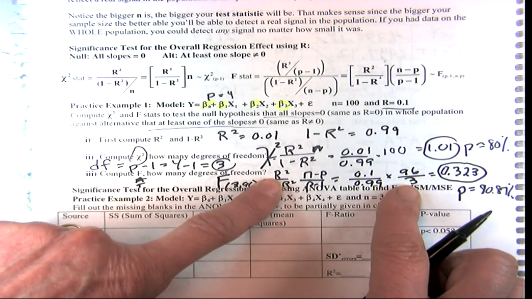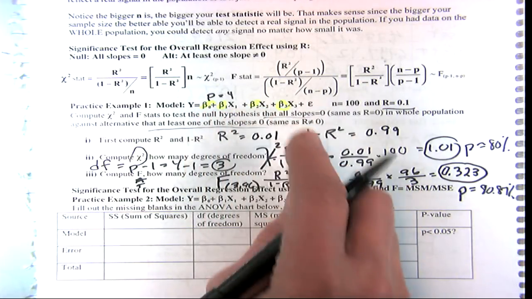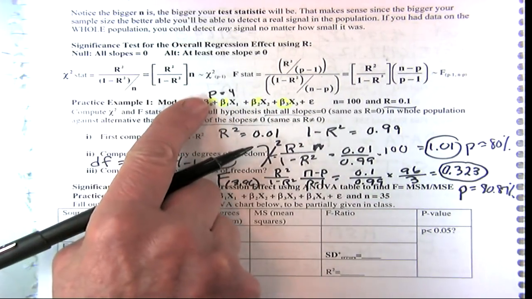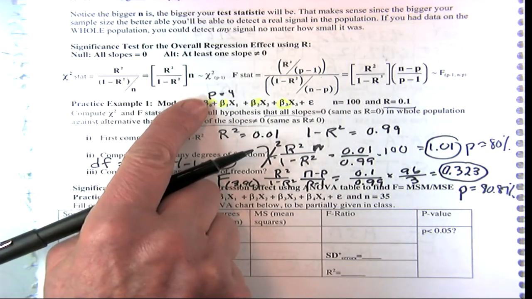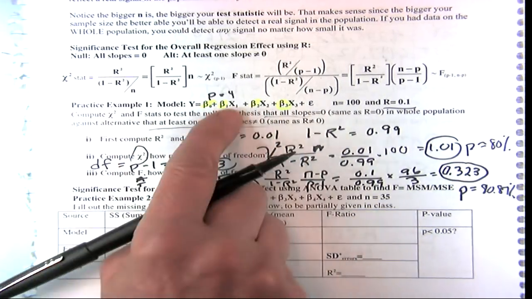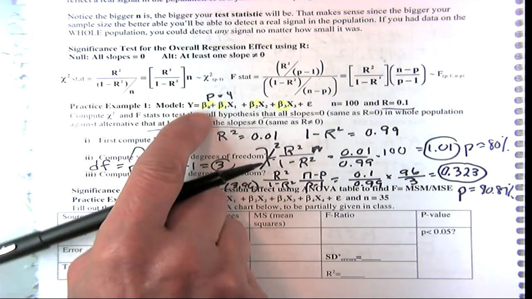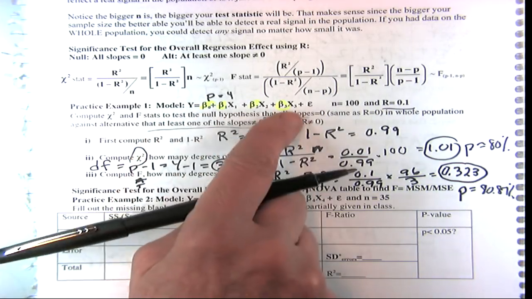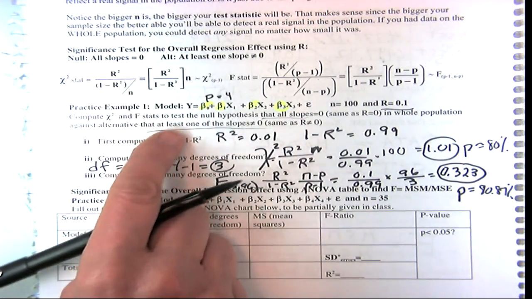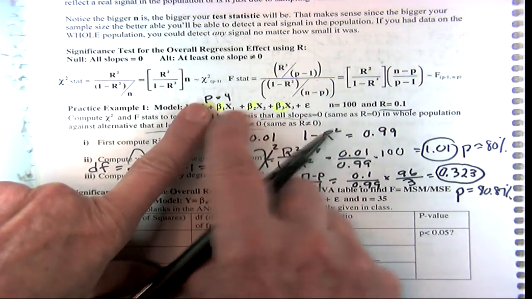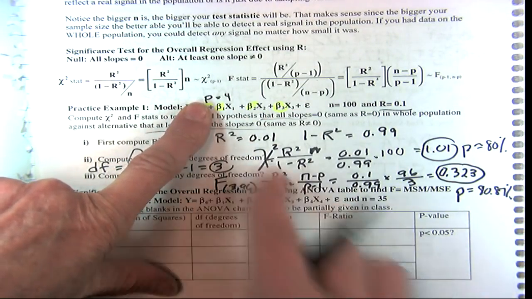Our model, R squared, has how many parameters? 1, 2, 3, 4. We just subtract one of them off, the intercept. Because you don't have 4 degrees of freedom. Once you set, if you knew 3 of them, you'd know the intercept. So you don't have 4 degrees of freedom, you only have 3.